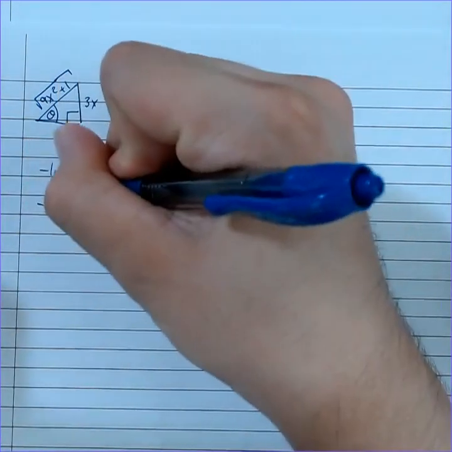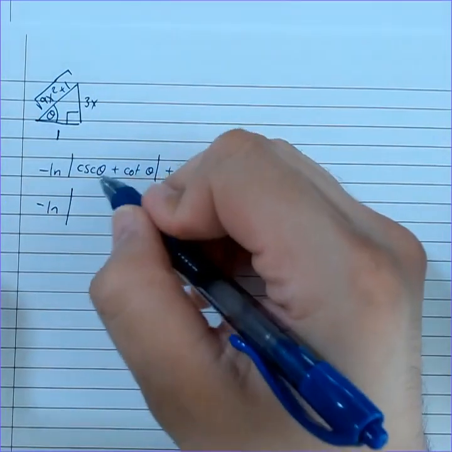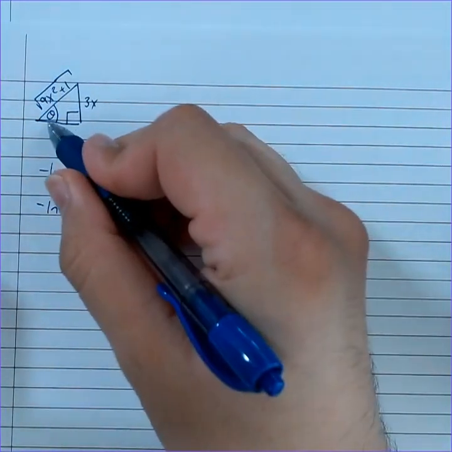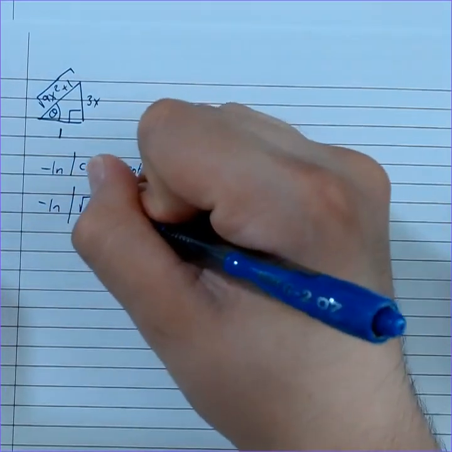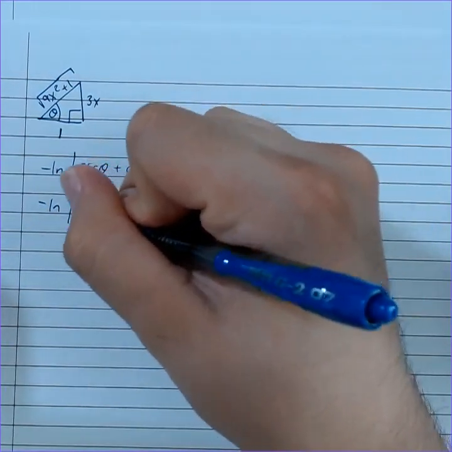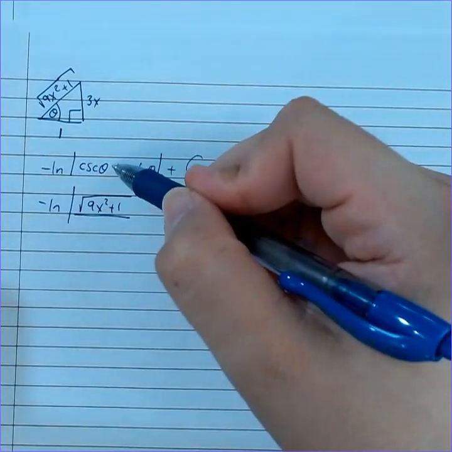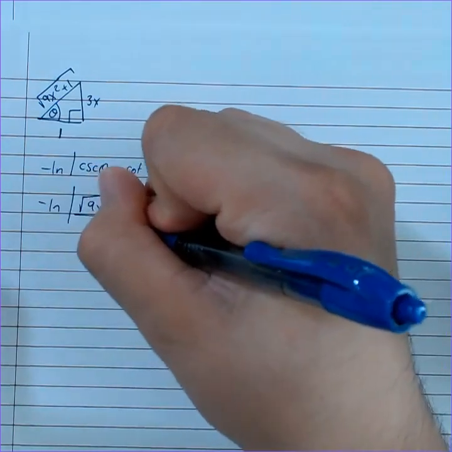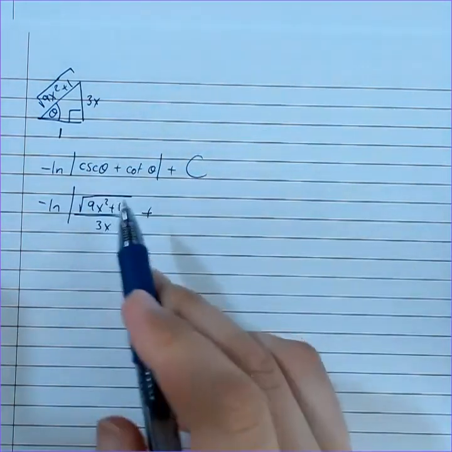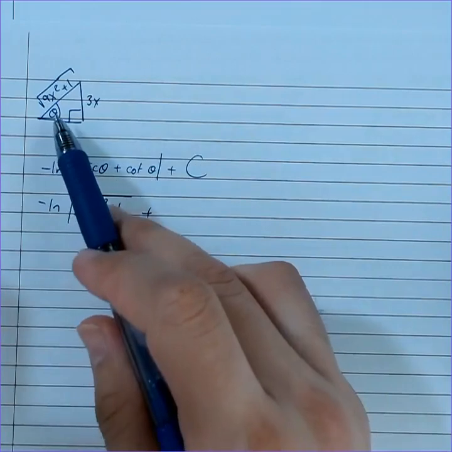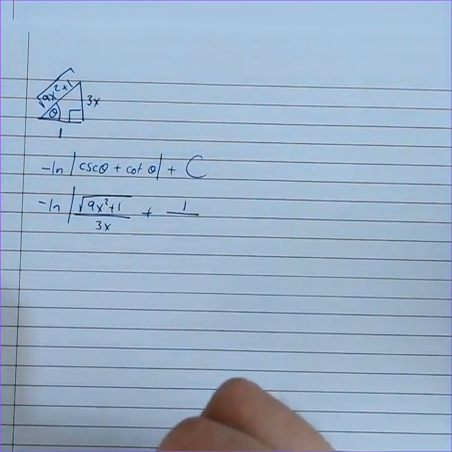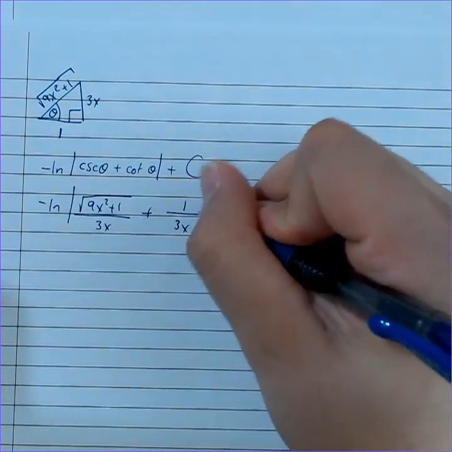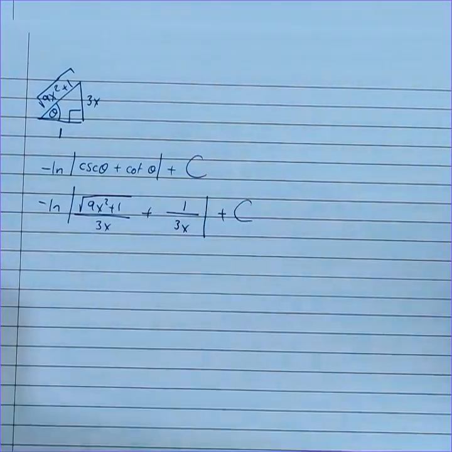So that's negative natural log of the absolute value of the hypotenuse of the triangle over the side that's opposite of that. So that's going to be 3x. Plus the cotangent is the side adjacent to the angle divided by the side that's opposite, plus a constant of integration.